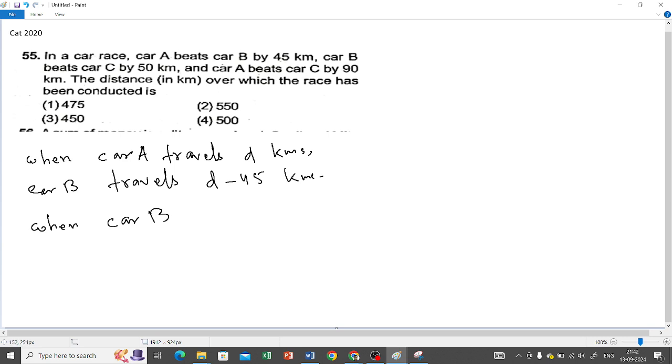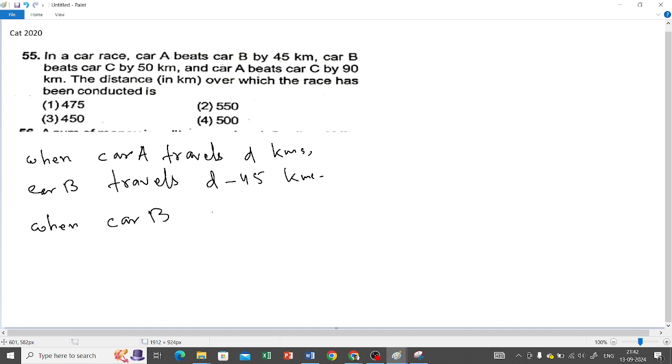So car B beats car C by 50 kilometers, right? Okay, so car B beats car C by 50 kilometers.